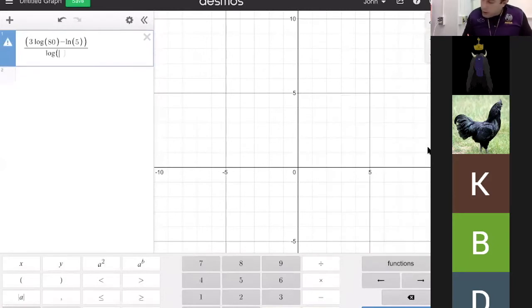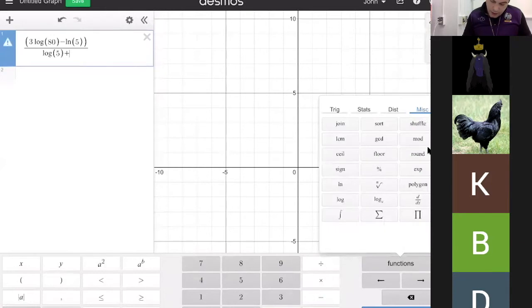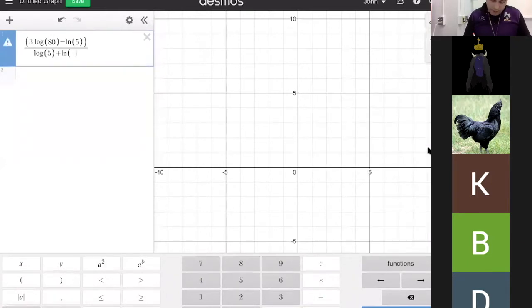So log 5 plus natural log of 20. And there's the 1.11.